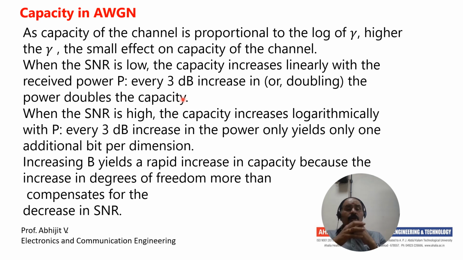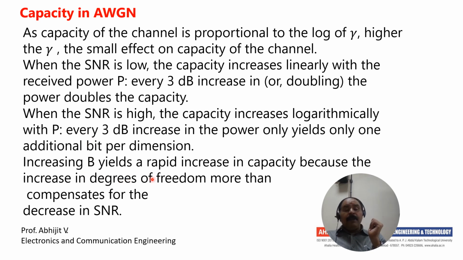When the signal to noise ratio is low, the capacity increases linearly with the received power. Every 3 dB increase, or doubling, the power doubles the capacity. When SNR is high, the capacity increases logarithmically with P. Every 3 dB increase in power only yields 1 additional bit per dimension.